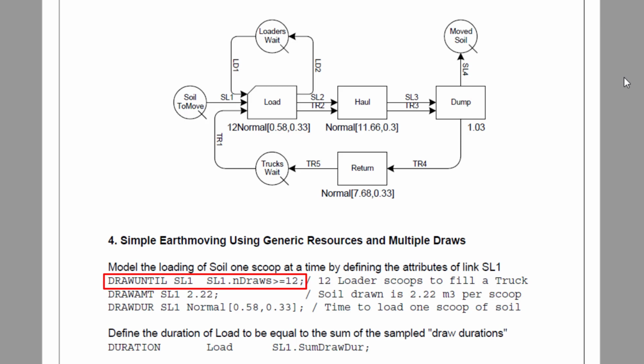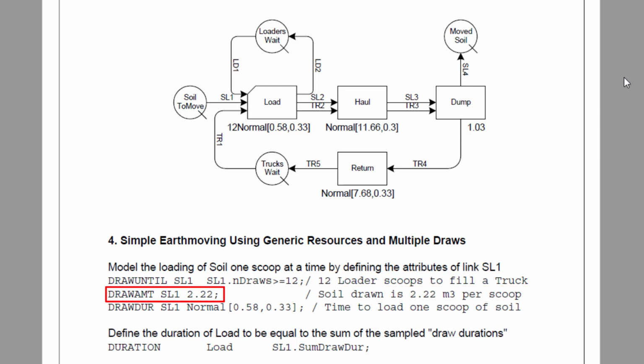In other words, the drawing process through link SL1 will continue until we have drawn at least 12 times through link SL1. That represents the fact that we need 12 loader scoops to fill a truck.